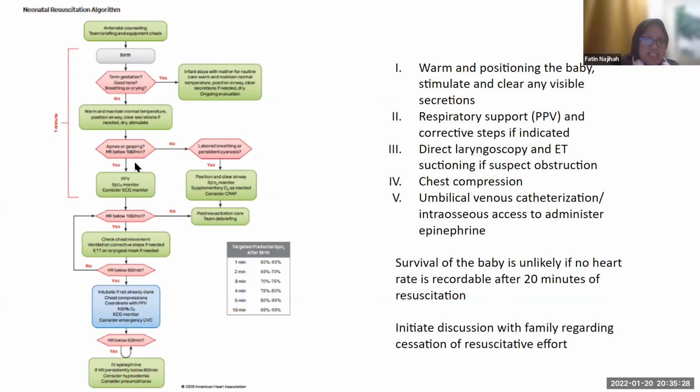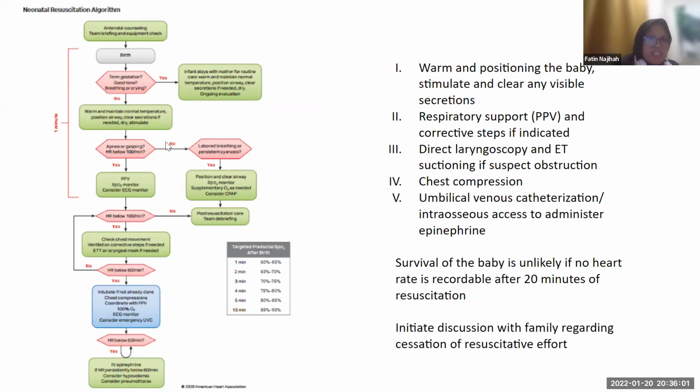Next, we see if the patient is apneic or gasping, or the heart rate is below 100 beats per minute. If the patient is not apneic or gasping, and the heart rate is below 100, but the patient has labored breathing or persistent cyanosis, then we can position and clear the airway, check SpO2 monitoring, and give oxygen through CPAP.